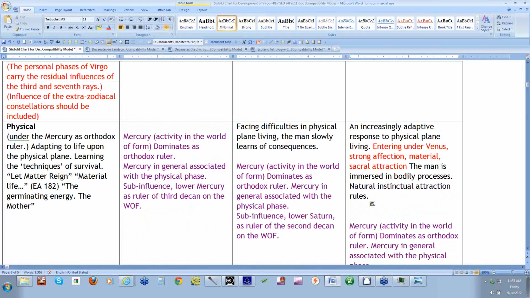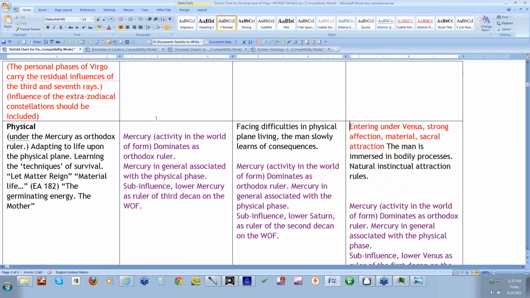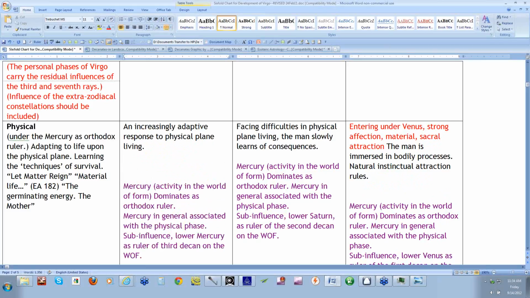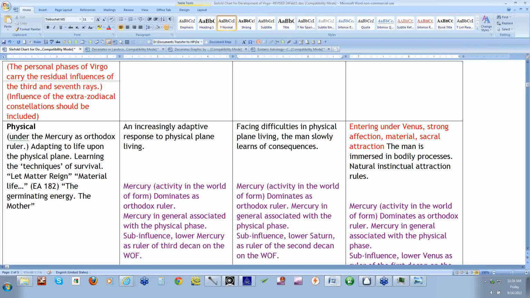And here, this will be related to Mercury, which does rule 0 to 10, and hence is the final stage of physicality. I hope you understand what I'm doing there. I seem to have put Mercury first. No, I seem to have put Mercury in the 30 to 20 decanate when really it should be Venus.